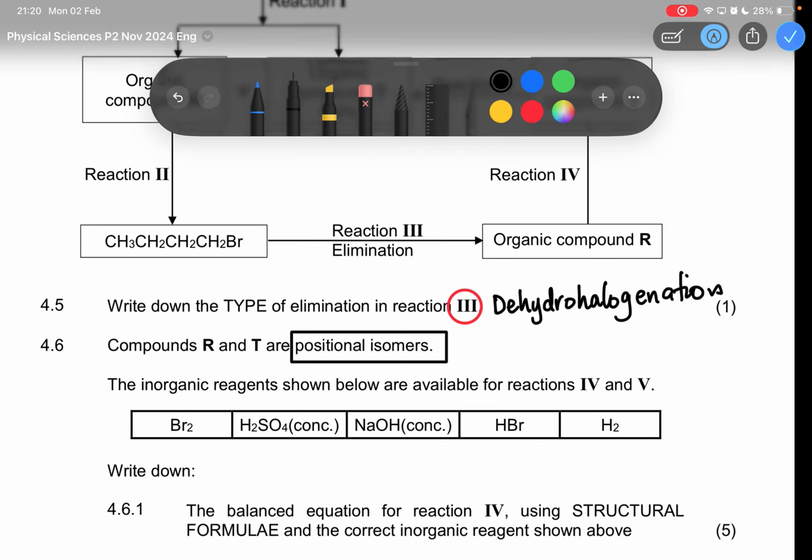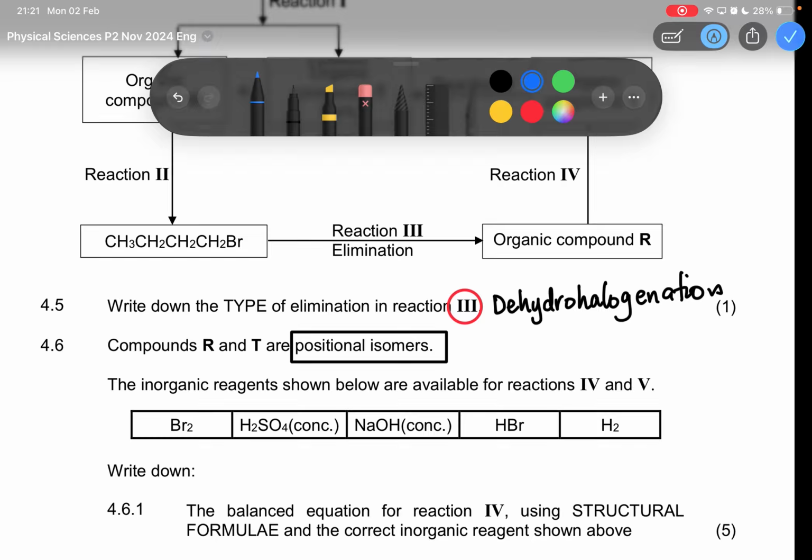So here, positional isomers, we need to know what that is, because as much as they're talking about it, there's a chance that they would ask you to define it.